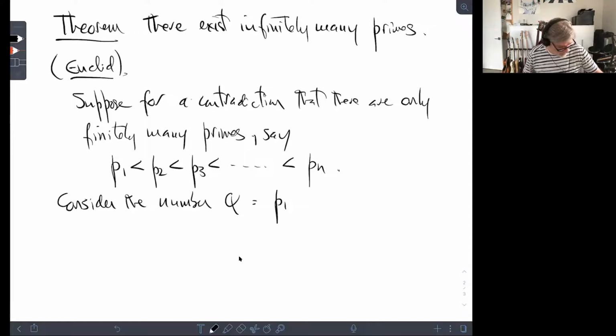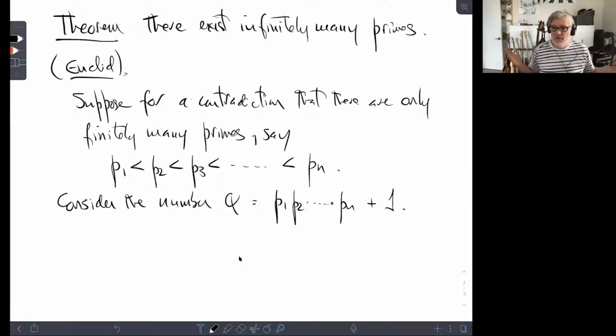Now, I hope you believe and see that this number is bigger than any of the numbers P1 to Pn.